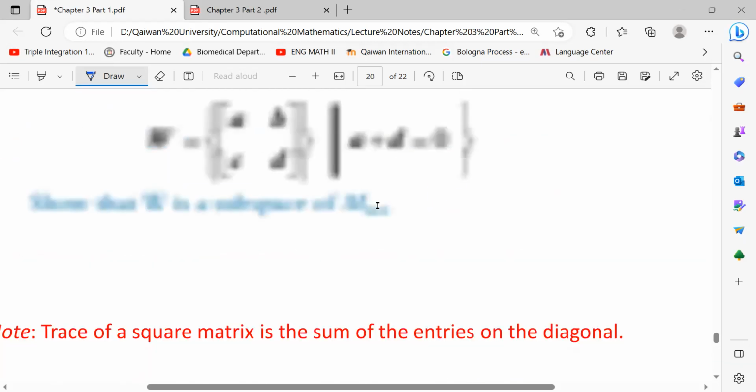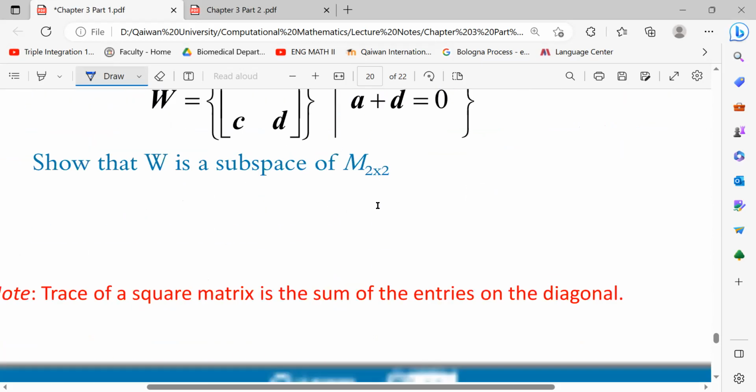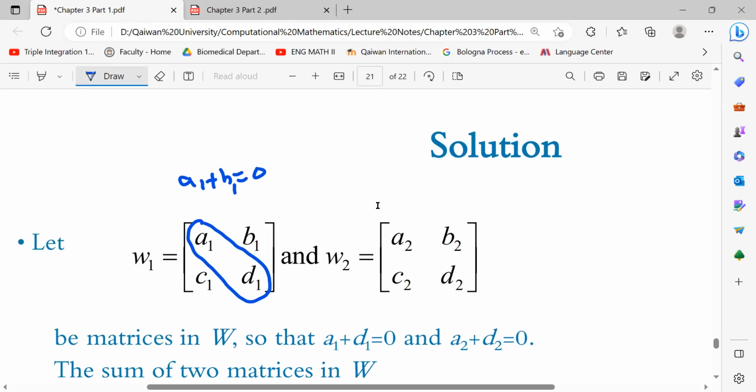Because we have these conditions on the elements of W, the sum of these two is 0. As we took these two vectors from W, the sum of these two is 0, and the sum of these two is 0. A2 plus B2 is 0, because these both are from W. Okay?